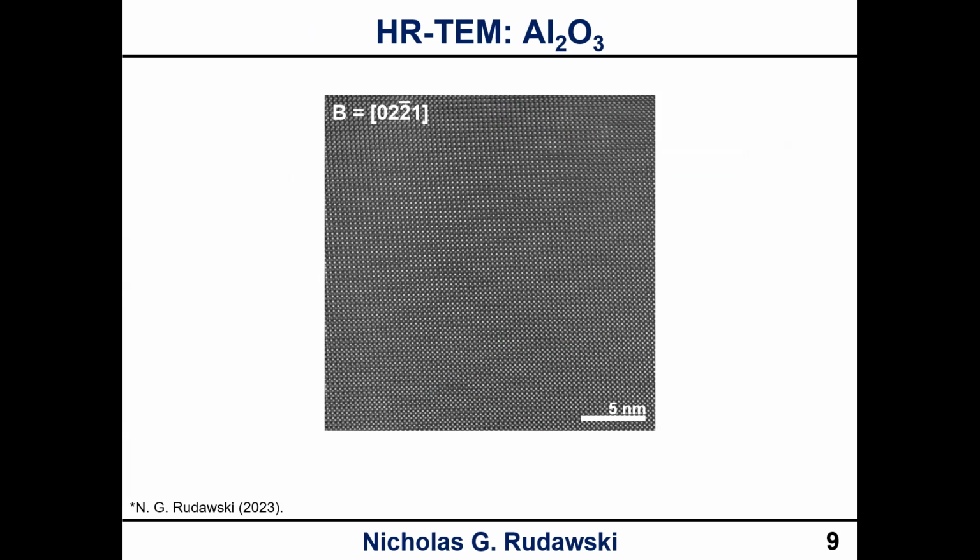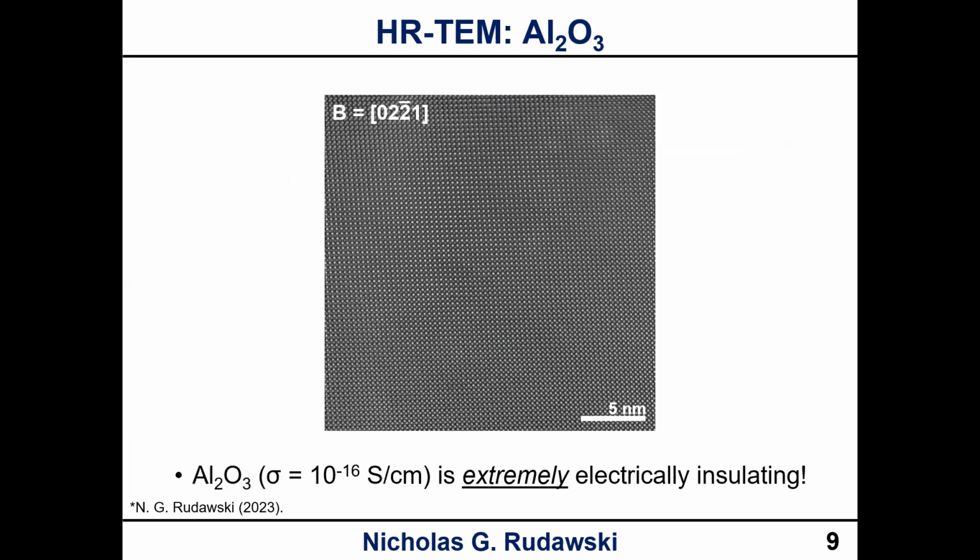Here's a great example, sapphire, alumina, along the 0 2 bar 1 zone axis. I showed, I think, at least a snippet of this image in my MSA webinar, okay? But sapphire is unbelievably electrically insulating, and it also has a really, really high optical band gap as well, which is, of course, expected for something that is very electrically insulating.